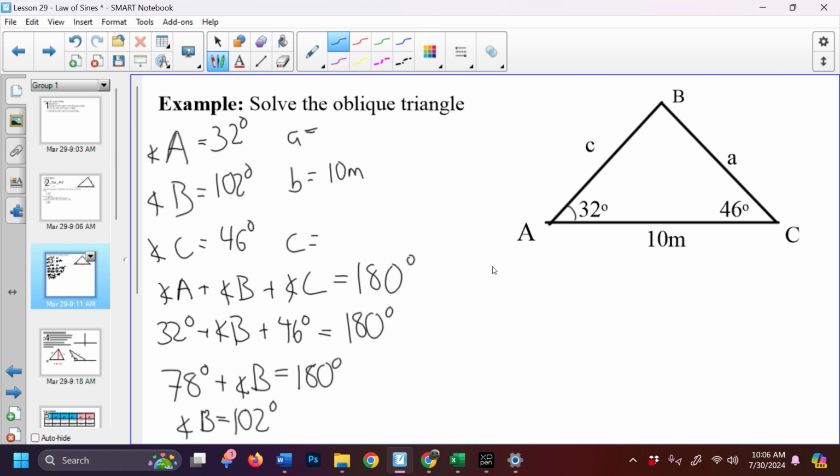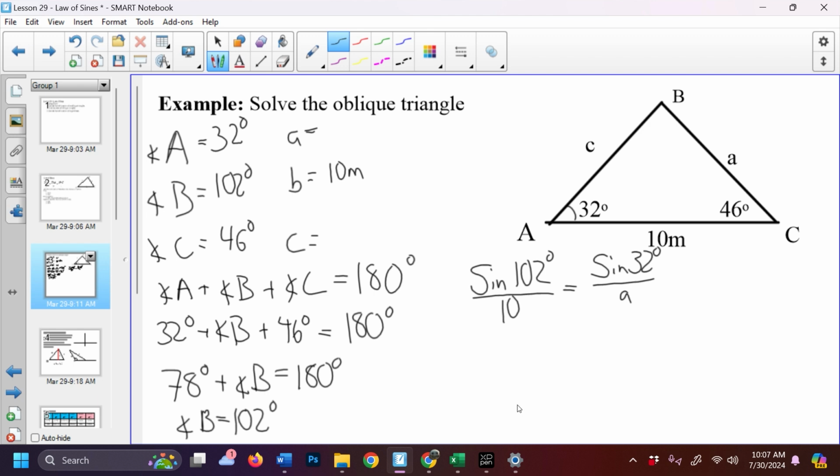I know that the sine of 102, that first angle, over the side opposite of that, which will be 10, that is my known proportion, will be equal to, I'm solving for little a, I know that its opposite angle is 32, the sine of 32 degrees all over little a.